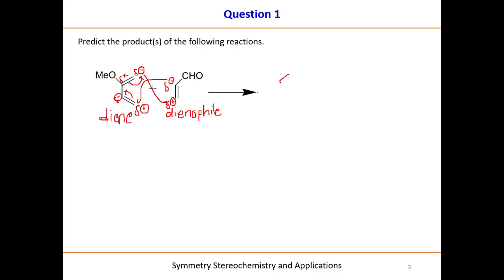So we will get a 6-member cyclic ring, but with inverted stereochemistry as given here. Invert means the methoxy group will remain in its actual position, but CHO will shift here, to the opposite side, because of this reaction.